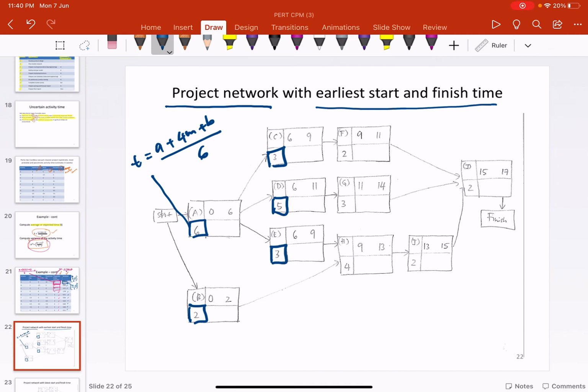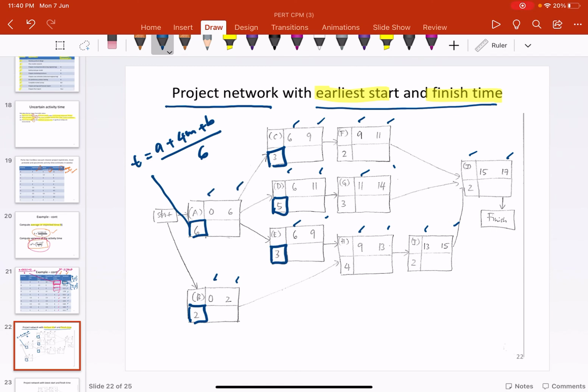Okay, right. You need to do this on your own for the earliest start time and finish time. You can always refer to the values here to check whether you have the same ones or not.